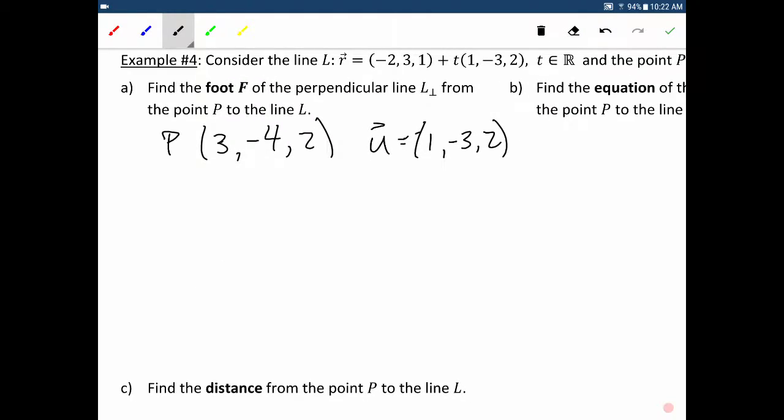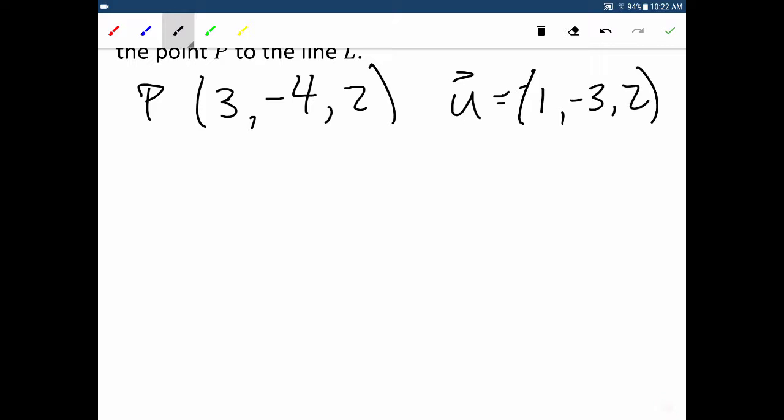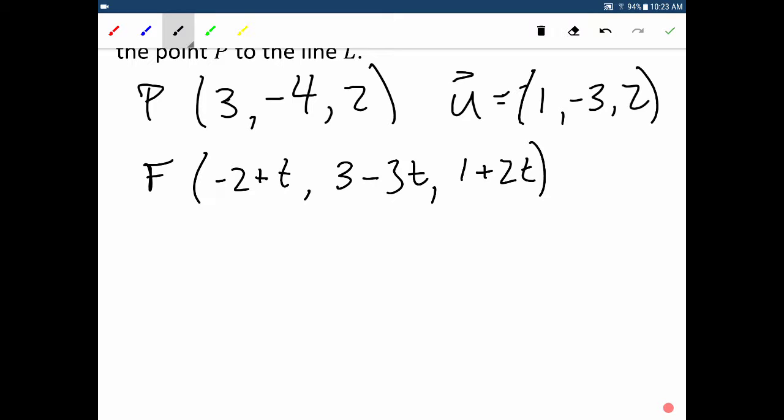Okay, and so F is going to be -2 plus t, 3 minus 3t, and 1 plus 2t.